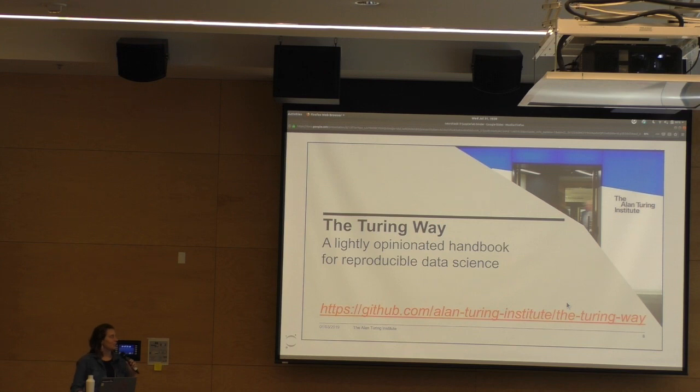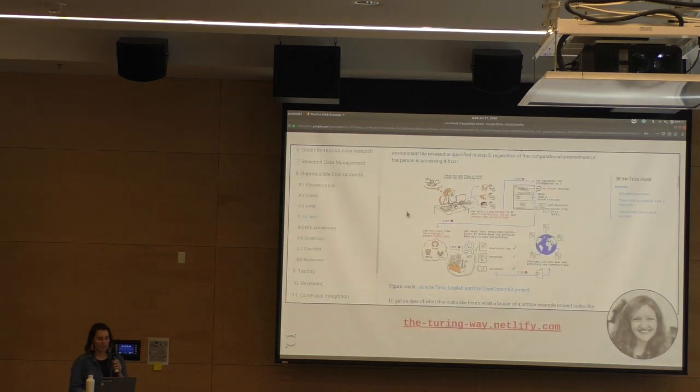The other one I just wanted to shout out, so I know Kirsty isn't here, but there's also something she's been working on, which is the Turing Way. This is a really cool, lightly opinionated handbook for reproducible data science, and it runs on a Binder Hub as well. It's actually where the adorable Jane diagram comes from.